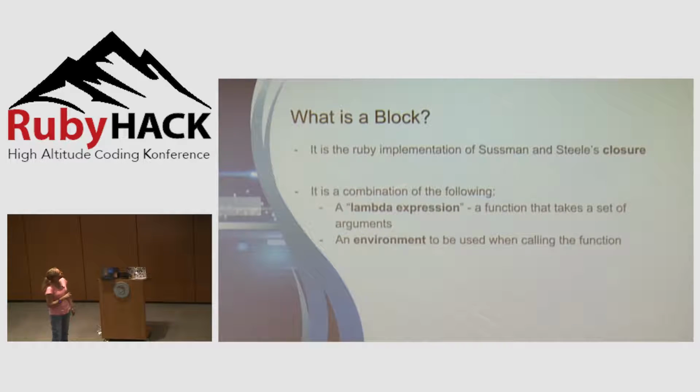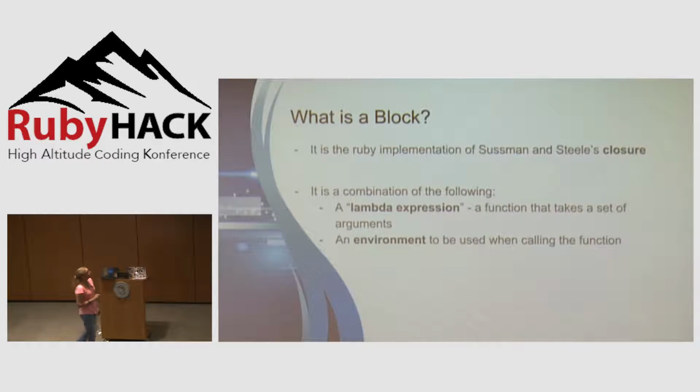And that is essentially defined as just a combination of the 2 following things. It consists of a lambda expression, which is just a function that takes a set of arguments. And then it also consists of an environment to be used when calling that function. Now, obviously, for blocks, this environment is going to have to include the surrounding scope in order for my previous examples to work.